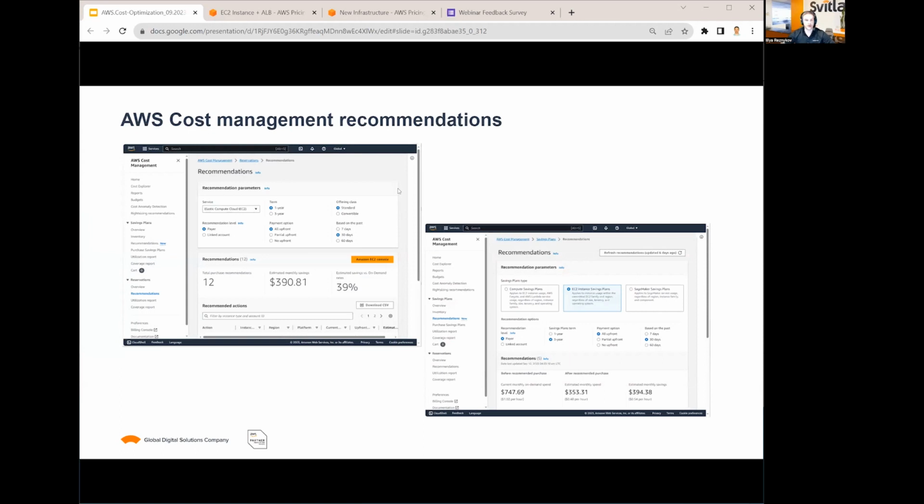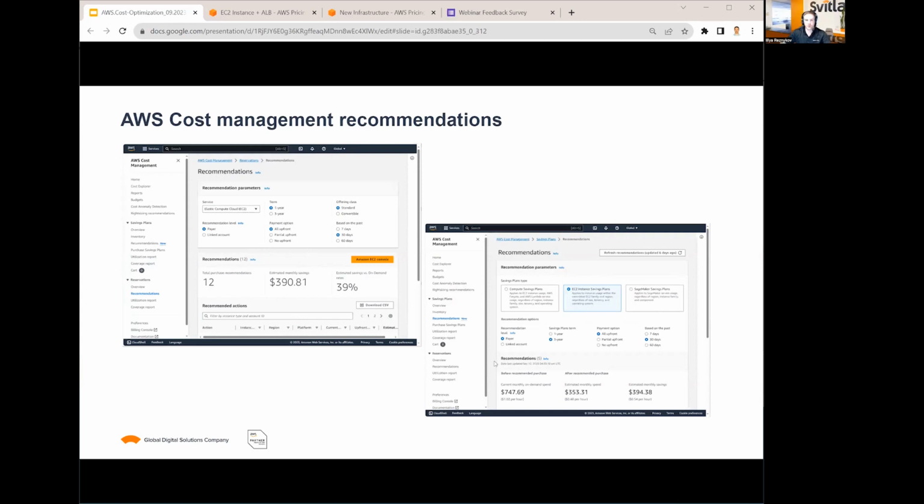If we already purchased them, or for example, if you intensively use EC2 instances, AWS provides us recommendations that, okay, guys, you are able to save by purchasing reserved instances, and it provides expected savings. It provides settings where we could select what works best for us, and purchase instances and save, and use the same capacity but at the lowest price.